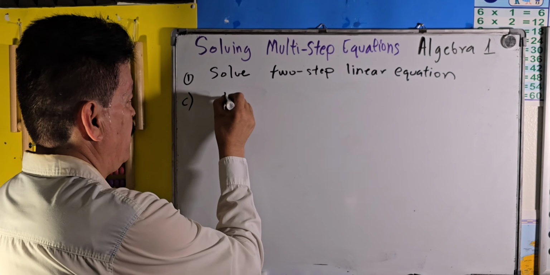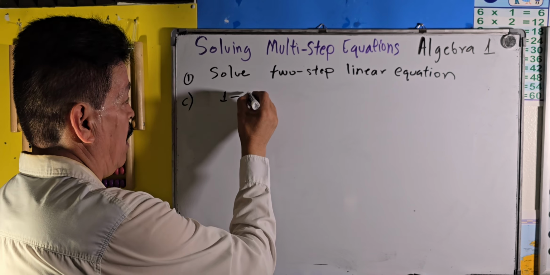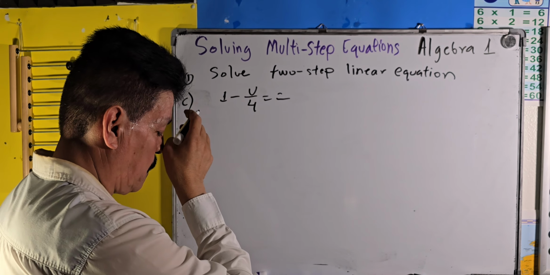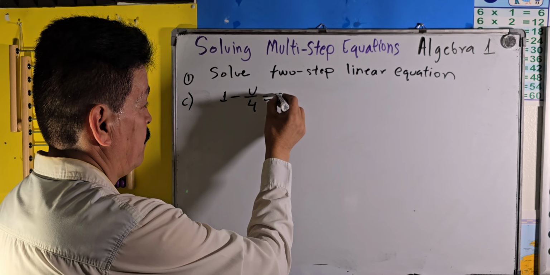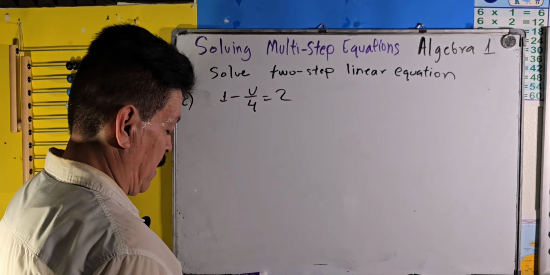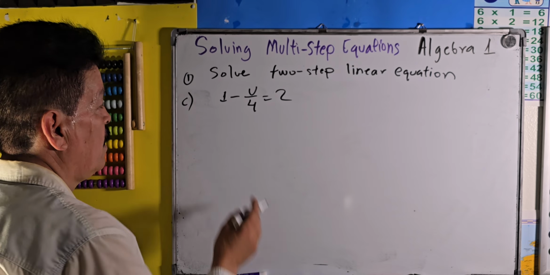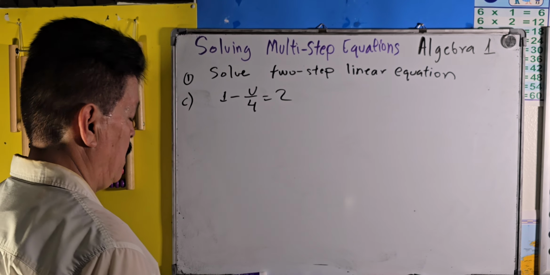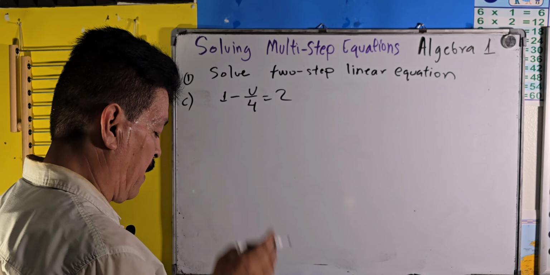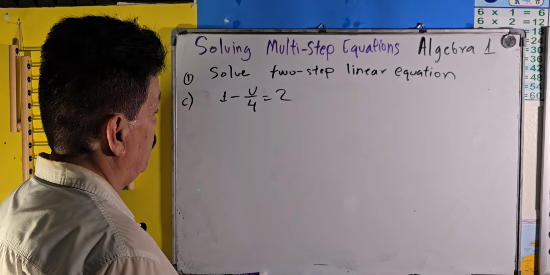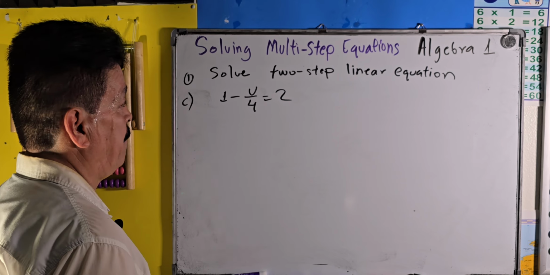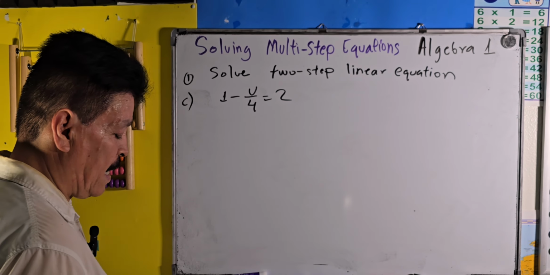We have 1 minus u divided by 4 equals 2. All right, so this is our problem. Let's add 2.